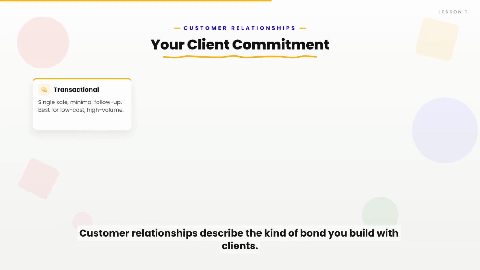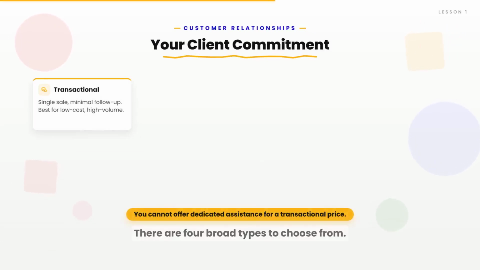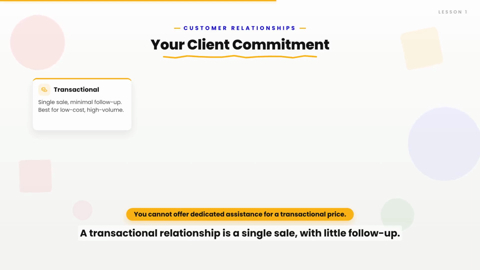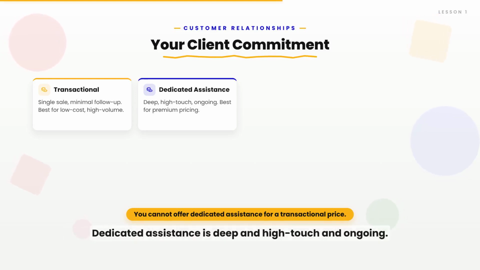Customer relationships describe the kind of bond you build with clients. There are 4 broad types to choose from. A transactional relationship is a single sale with little follow-up. Think of selling a digital font. It's best for low-cost, high-volume work. Dedicated assistance is deep and high-touch and ongoing.